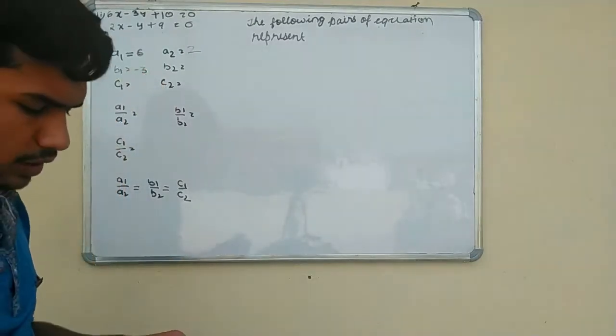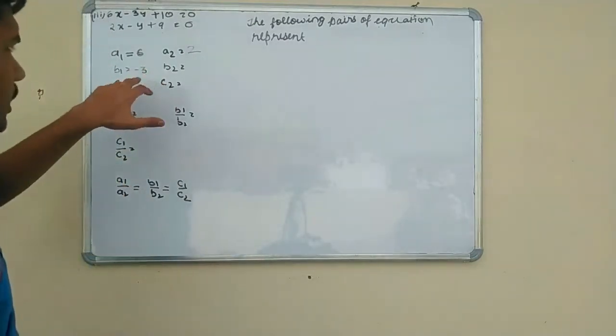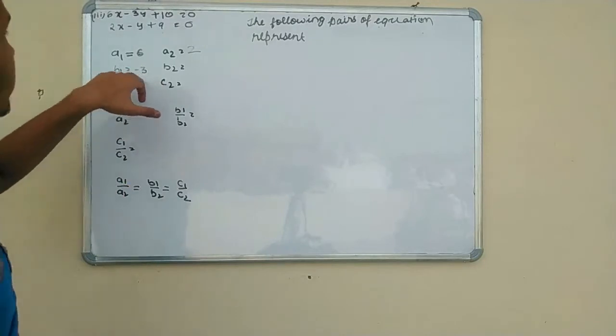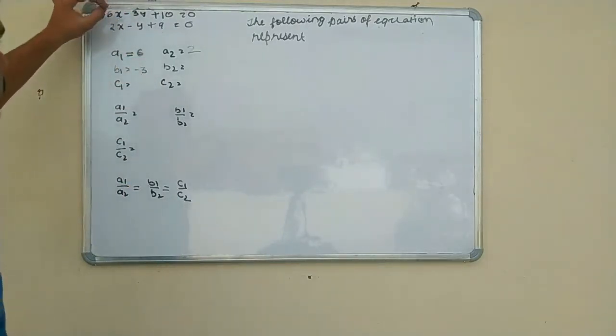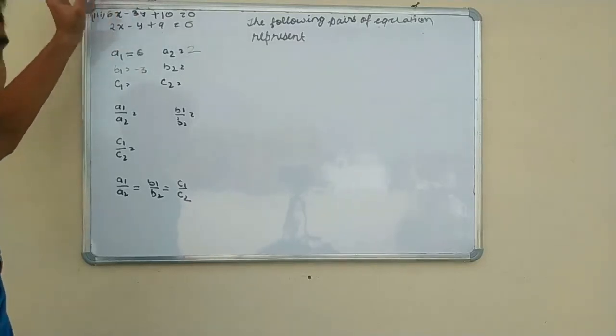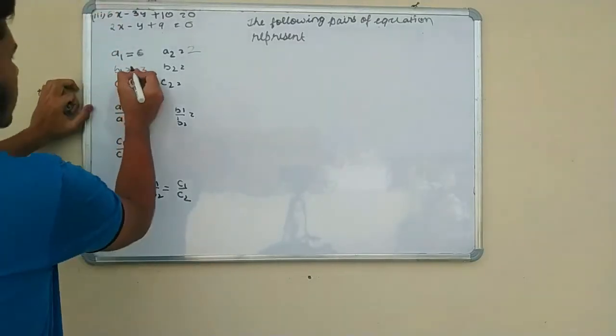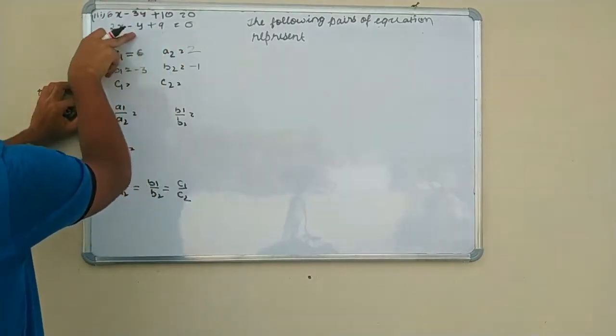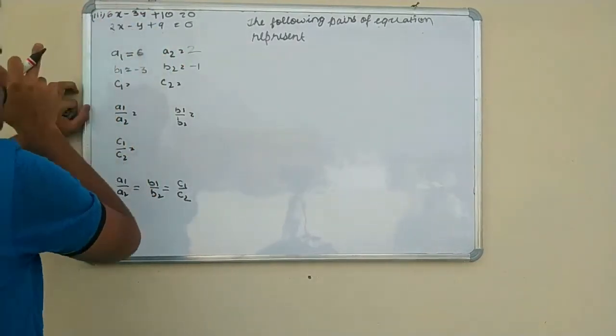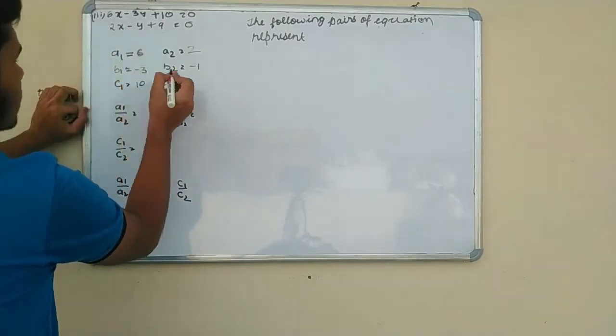Remember this, you need to write the numbers here with their respective signs which they have in their equations. So you need to check whether the sign is positive or negative, then write it here. So b1 is minus 3 and b2 is minus 1, the coefficients of y in the first and second equations. c1 is 10 and c2 is 9.